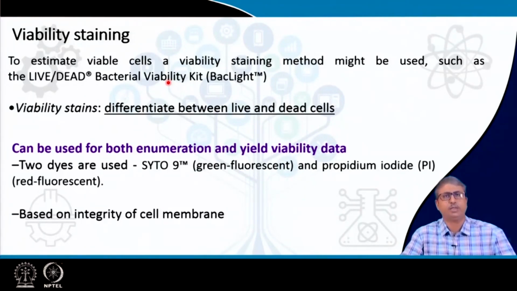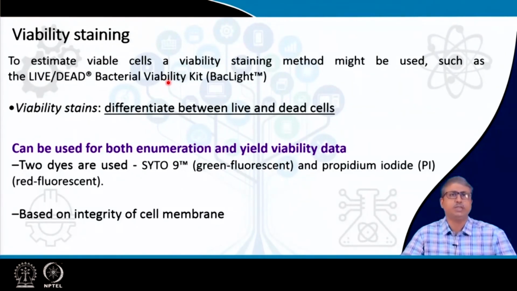Earlier we talked about DAPI and acridine orange, and I said that they are to be used separately because they just give color to the cell and we do not want to mix them up. So, either we use DAPI or acridine orange, we get blue or orange colors, and we just count them.